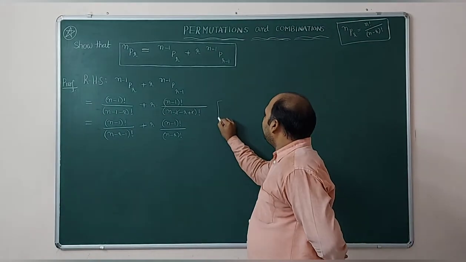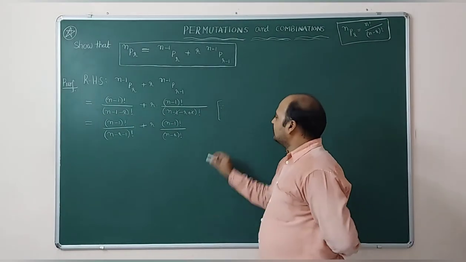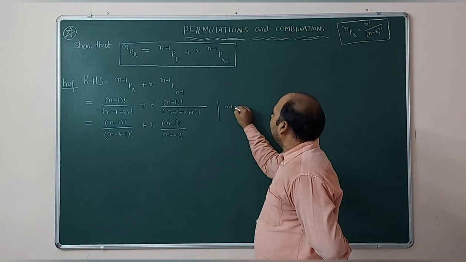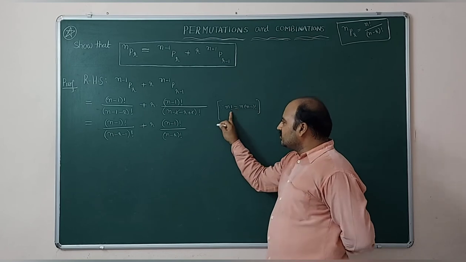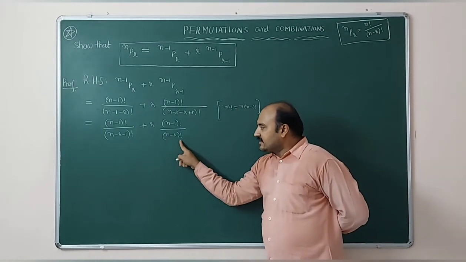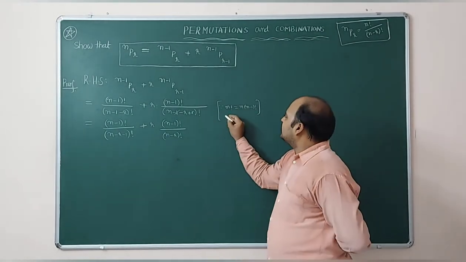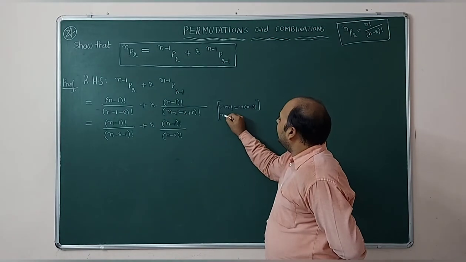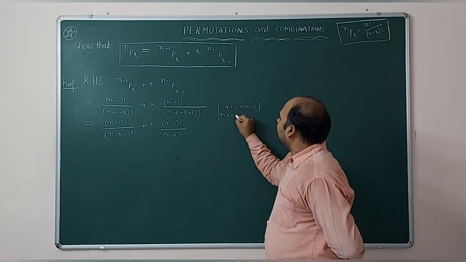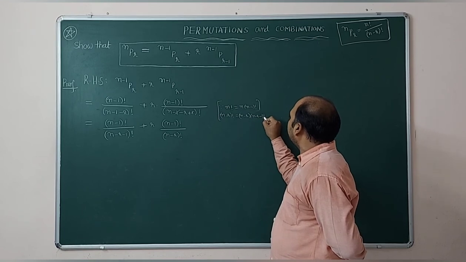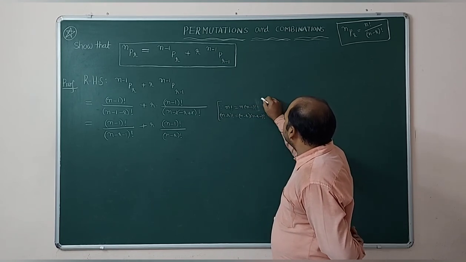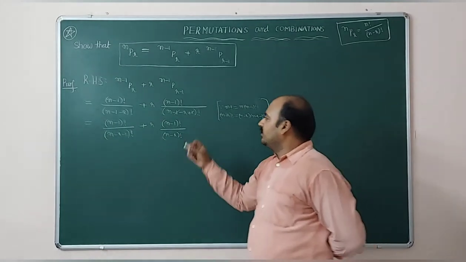In the previous concepts we discussed that n factorial can be written as n into n minus 1 factorial only. By using this property, n minus r factorial can be written as n minus r into n minus r minus 1 factorial. Can we write like this? We can.